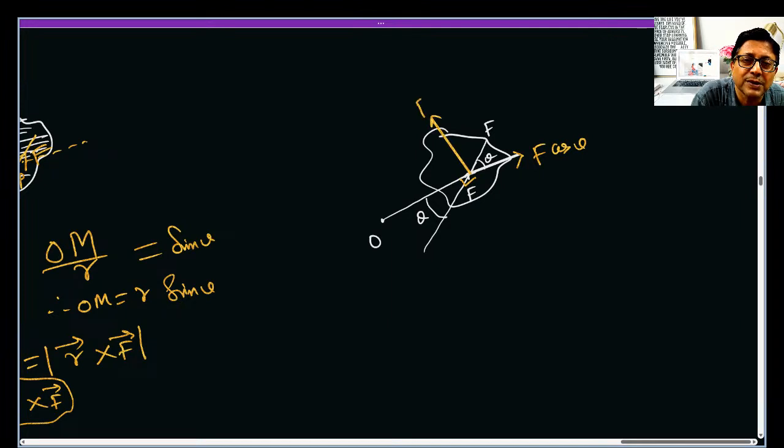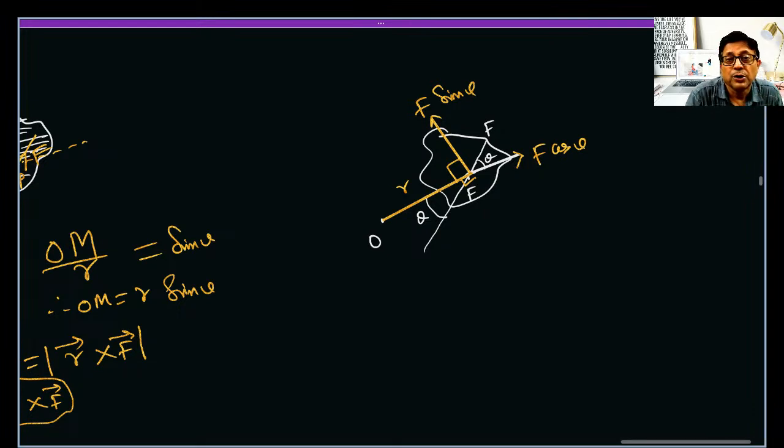You agree? Don't you see that F sin theta is perpendicular? So this F sin theta is responsible for the torque. When you consider moment of force, you will always take the component which is perpendicular to the radius vector. Okay? Torque is R into F sin theta.